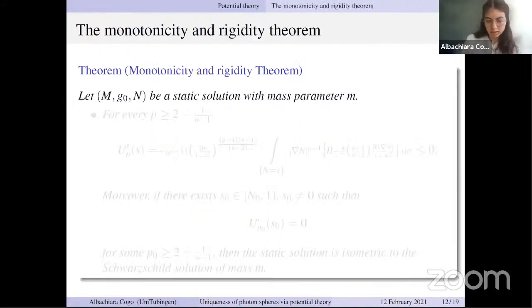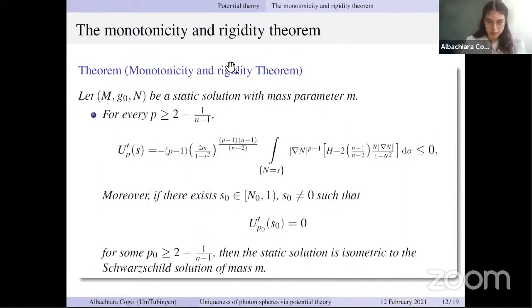And in fact, this is written rigorously in this theorem, which says that for every p slightly bigger than this optimal value, which is slightly less than 2, our u_p functions are differentiable, and the derivative is always non-positive, which means that the u_p functions are non-increasing along the level sets of n.